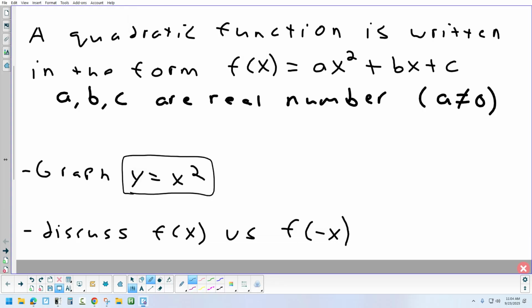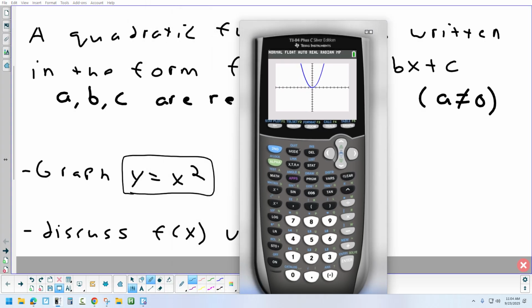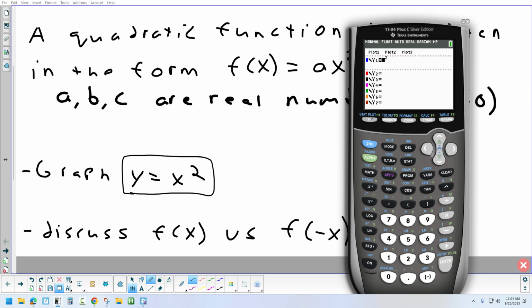So now what I want to do is instead of x, let's put in negative x. Okay, so in parentheses, we're just changing the x to a negative x. Anytime you have a negative, you always want to put it in parentheses to make sure that you're squaring the negative and the x.